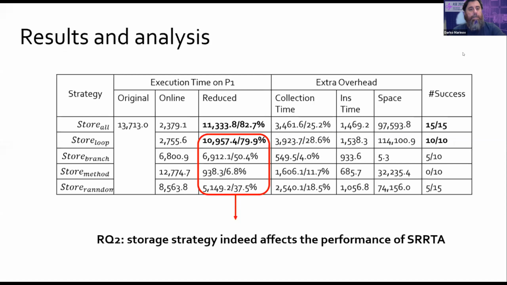We listed the space in this paper. Okay, so basically the answer is as you can see in this column. We conduct the experiment at the Apache Commons project, and the space SRRTA brought is listed as this column.